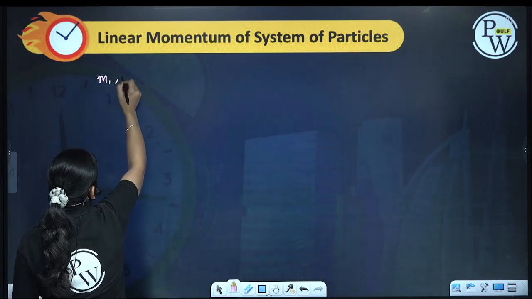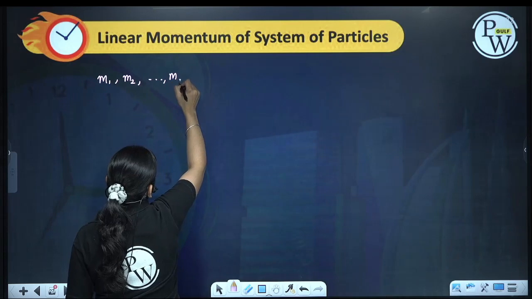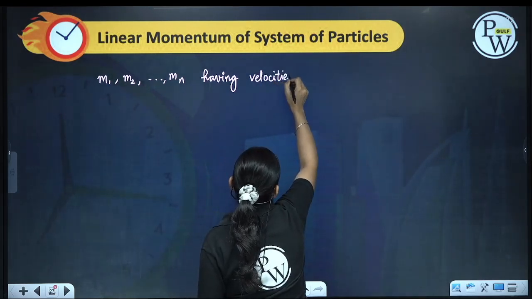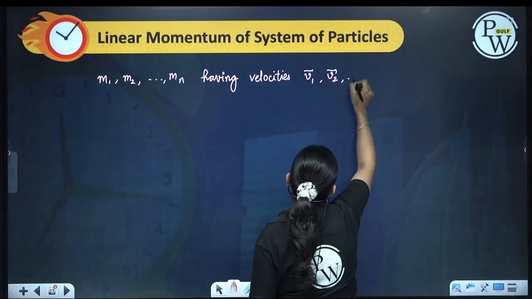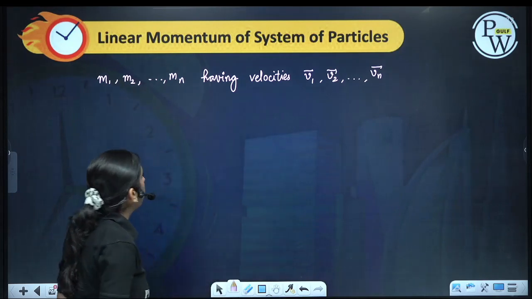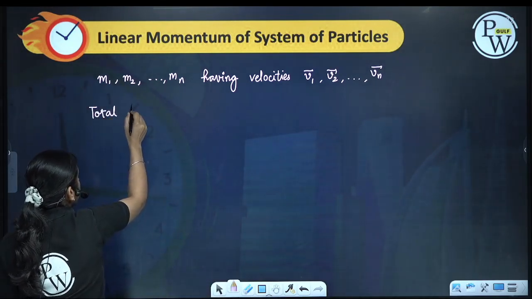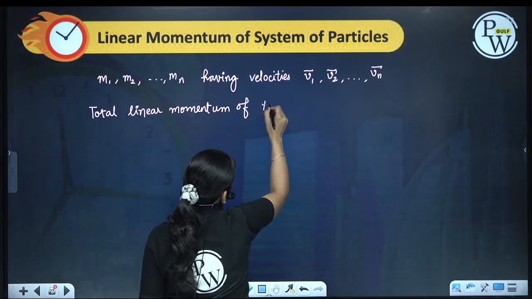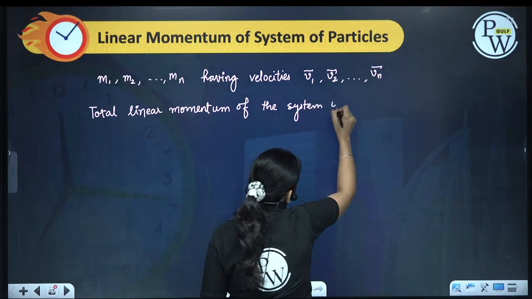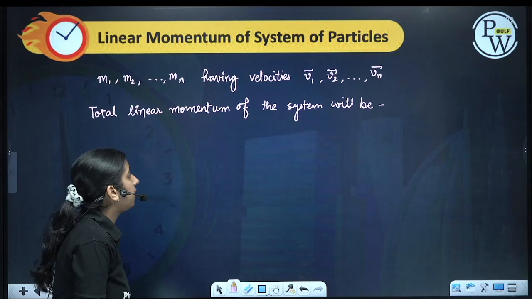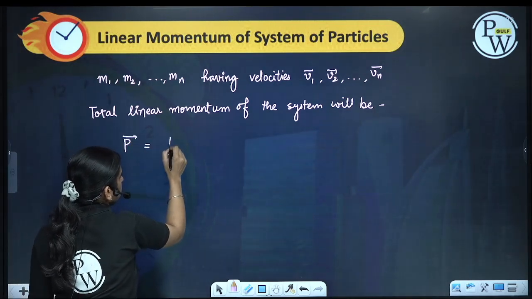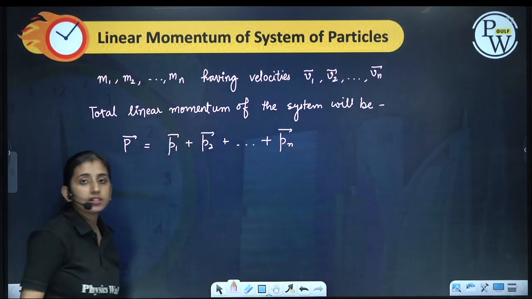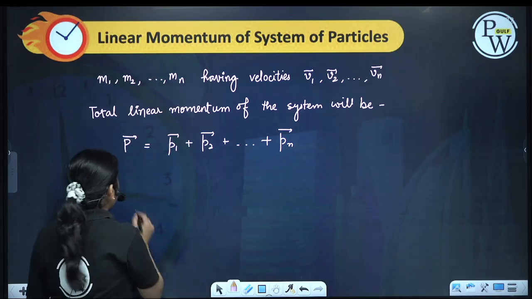If we have a system of particles having masses m1, m2 up till mn, having velocities v1, v2 up till vn, then what will the total linear momentum of the system be? The total linear momentum of the system will be the vector sum of the linear momentum of the respective particles.